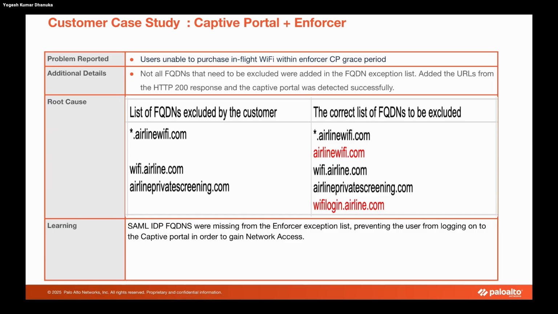In the packet captures done at the time of the issue, it was identified that when the browser goes to airlinewifi.com, it was redirecting to wi-fi login.airline.com for the actual authentication. Because that was blocked and the exception timeout was not configured, or was too low, the user couldn't connect. After adding the correct list of FQDNs for those frequent travelers, the issue was resolved.